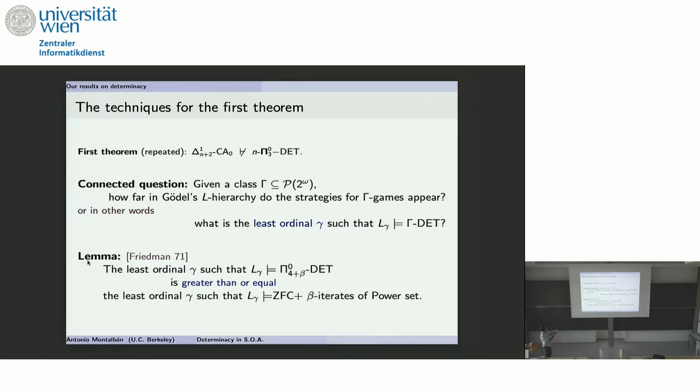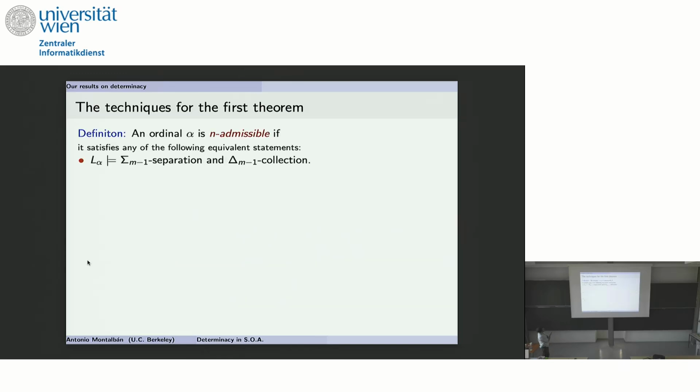Essentially, in Harvey's proofs, the least γ such that L_γ proves Π^1_4 plus β determinacy is the least ordinal such that L_γ proves ZFC plus β iterations of the power set. That proof with the power sets that I mentioned from '71 stratifies like that. But we're now working with just below one power set. The idea of looking at L was already in that paper.